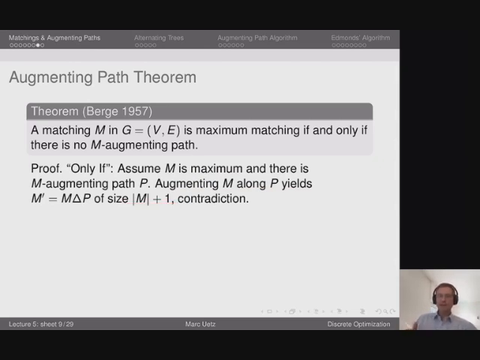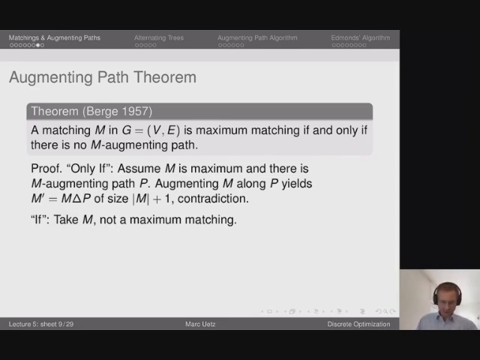So it's a necessary condition that there is no M augmenting path anymore, but is it also a sufficient condition? And the answer is yes. So let's quickly see why this is true. We take a matching M, which is not a maximum matching. So there exists a matching of a larger cardinality.